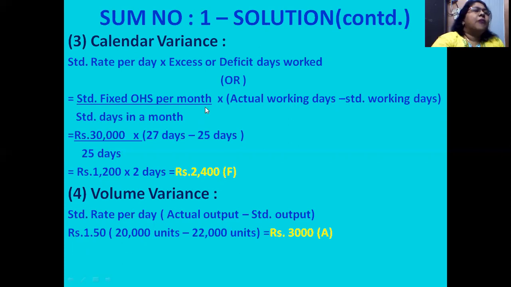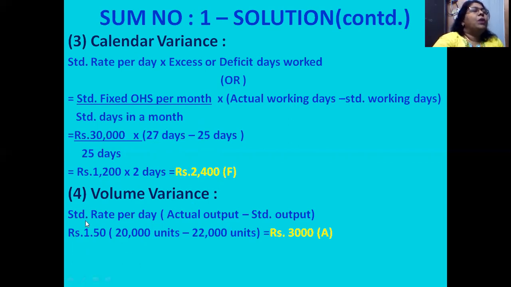Standard fixed overheads, as given in the problem, is 30,000, divided by standard days in a month, standard days only, not the actual days. Standard days, we know, are 25 days. In the brackets, actual working days are 27, but standard working days are 25. So we get the simplified answer as rupees 2,400 favorable because we are getting a positive answer. This is the way you can calculate the calendar variance.